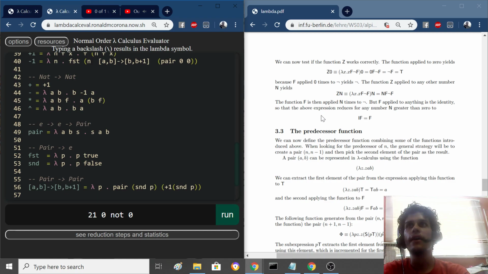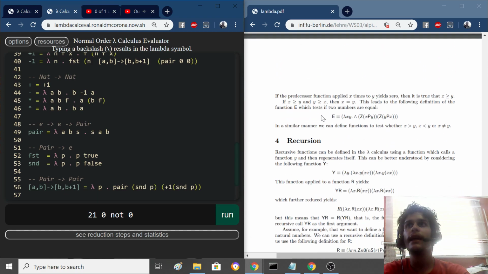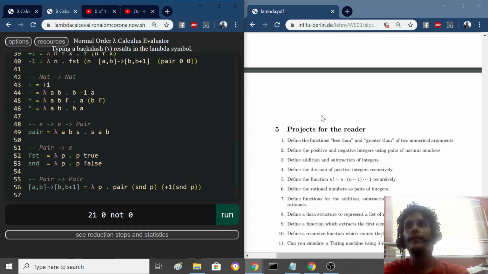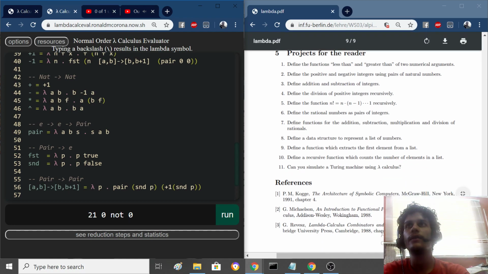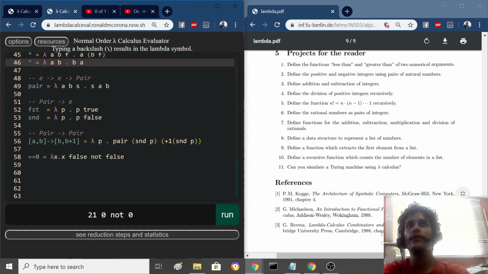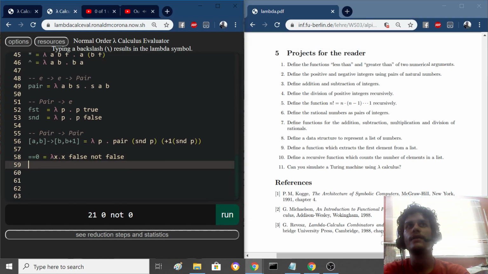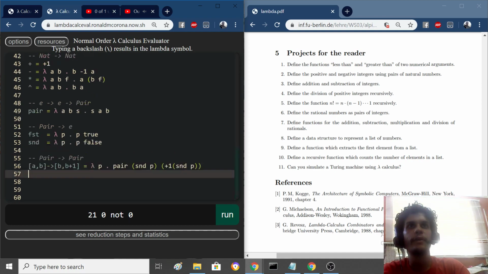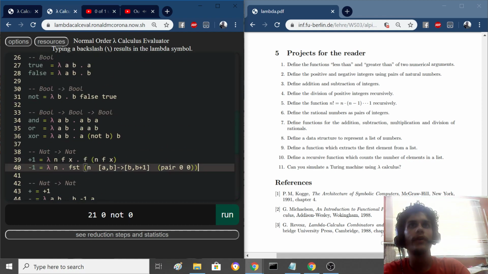Now we definitely have enough to explain how we could do less than or greater than, or at least kind of try to derive it ourselves. How can we do less than or greater than of two numerical arguments? First I'm going to specify what type of thing this is.